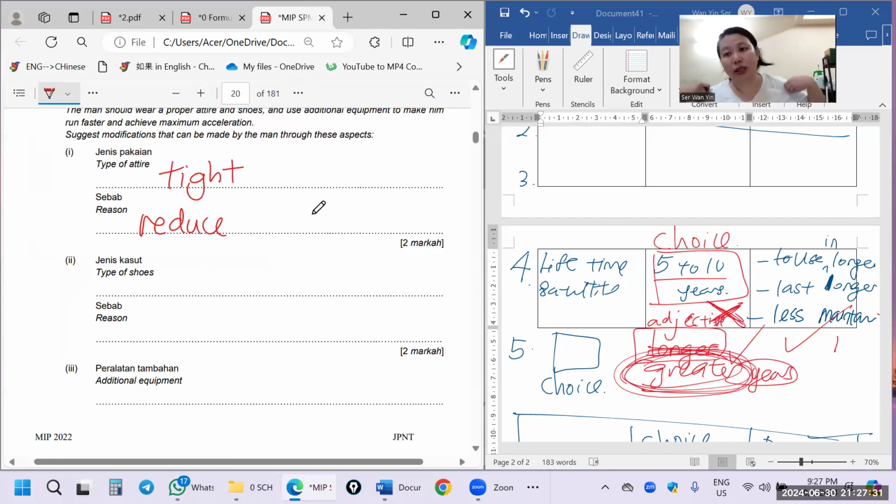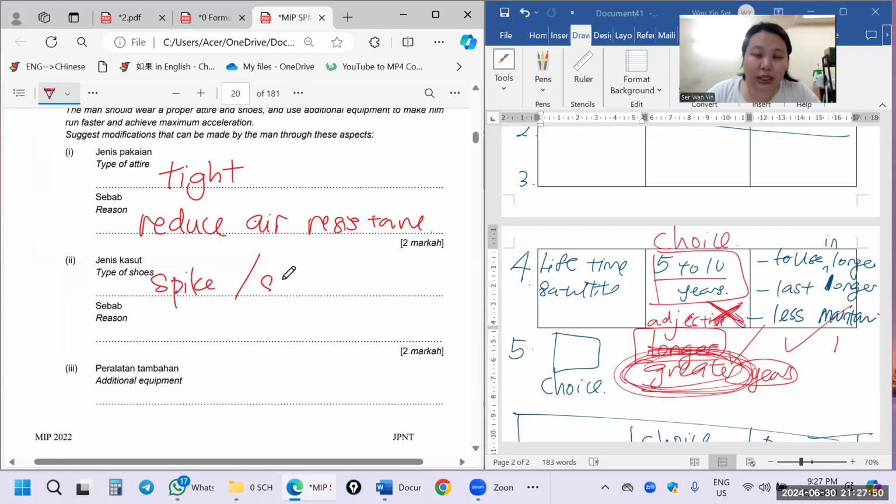Imagine you wear t-shirt like this, so bulky, you run, what happened? You'll feel air resistance. So tire can reduce air resistance. Type of shoes, got the spike one or the stud one. So that can increase the grip, so that prevents slippery.